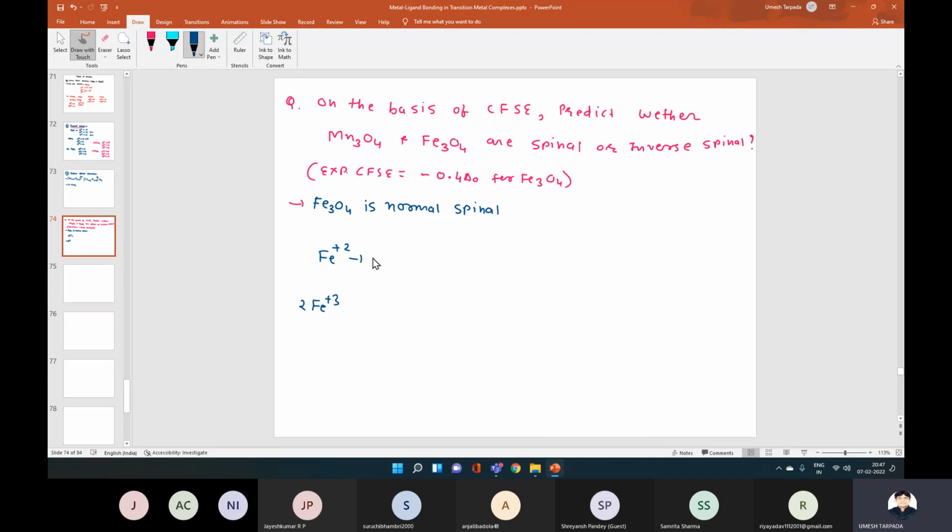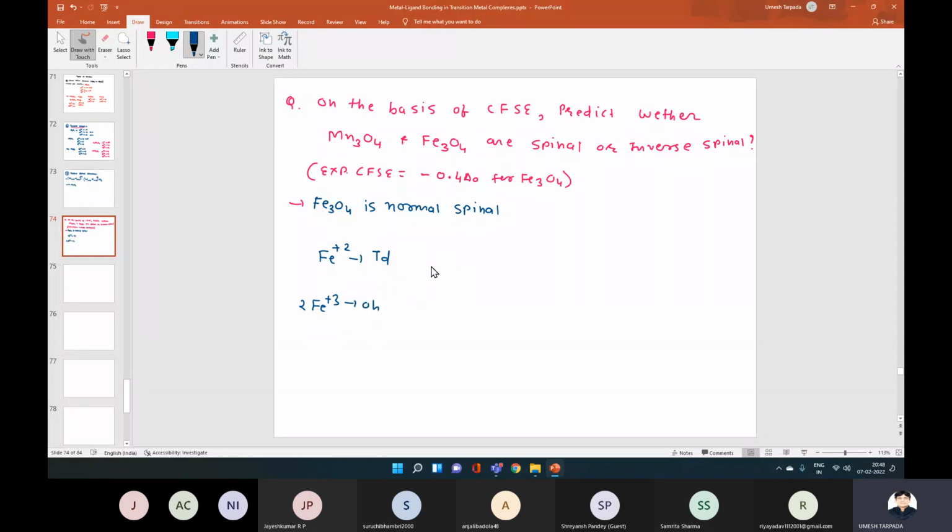Tetrahedral. Yes, Fe+2 is there in a tetrahedral void, and two Fe+3 are there in octahedral void. So what you can do is compare with this one. The first one is there in tetrahedral, and two Fe+3 are there in octahedral void.